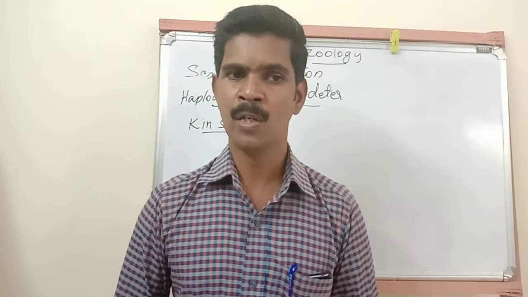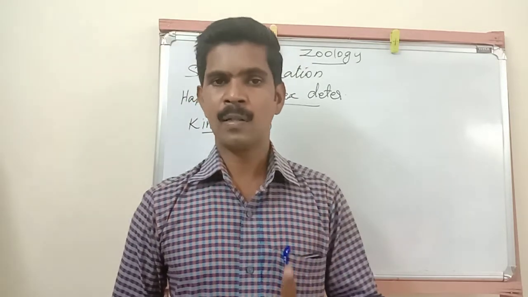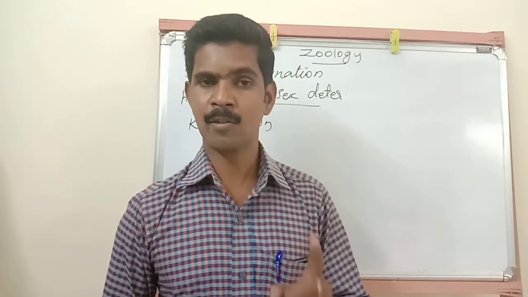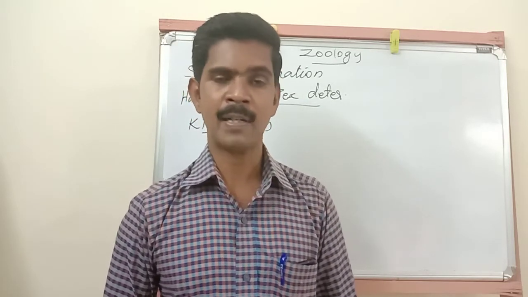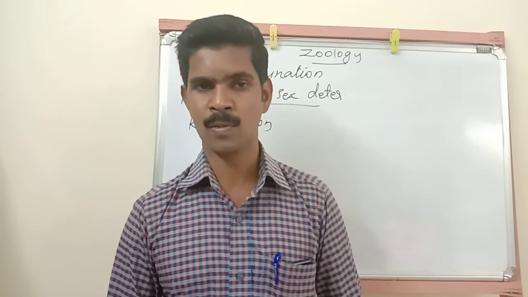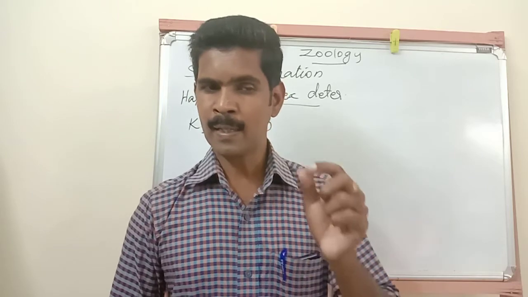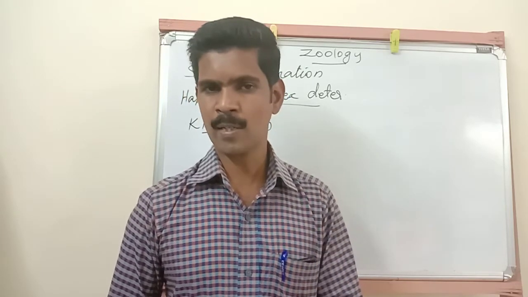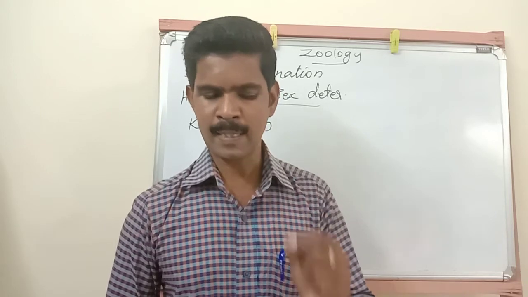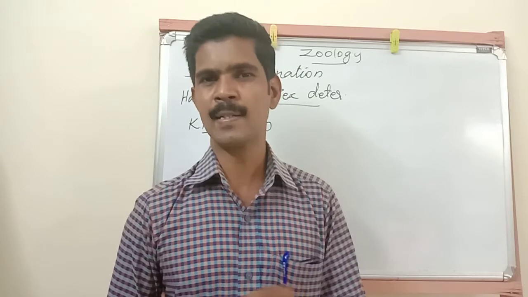Understand, my dear students? Today we have completed one important 5-mark question, Erythroblastosis fetalis, a very important but very small question. Then sex determination: XX-XO type, XX-XY type, ZO-ZZ type, and ZW-ZZ type.